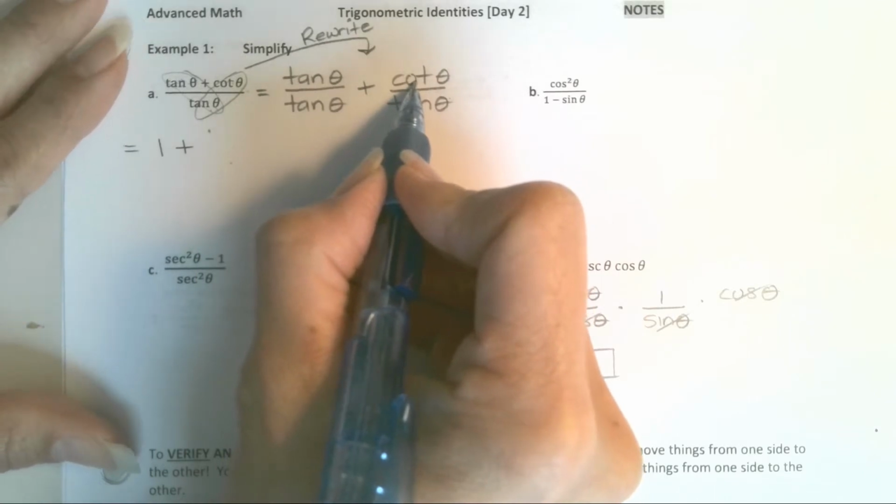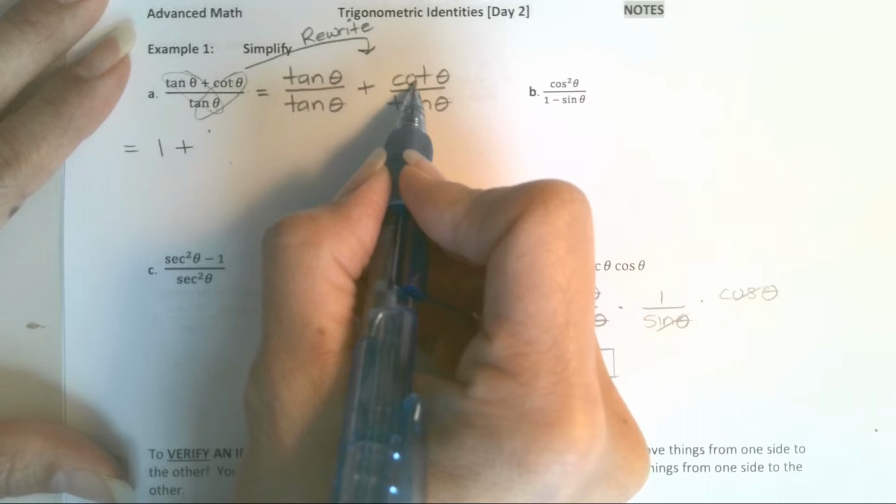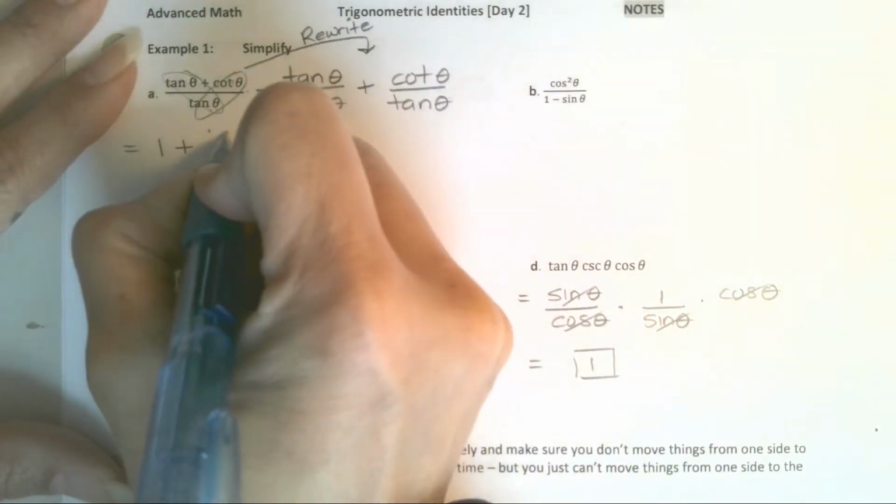Cotangent theta, let's see, Ermela, what is cotangent theta in our chart? So you start practicing. Find cotangent theta. And you can help her, Danica. Good.